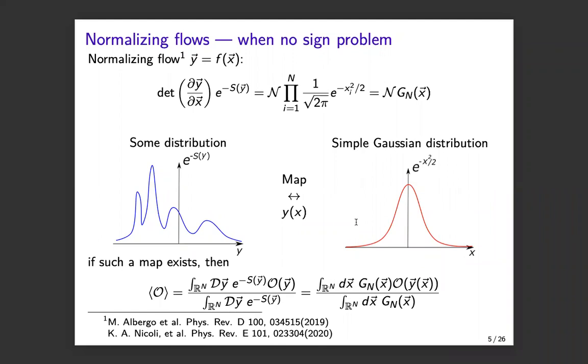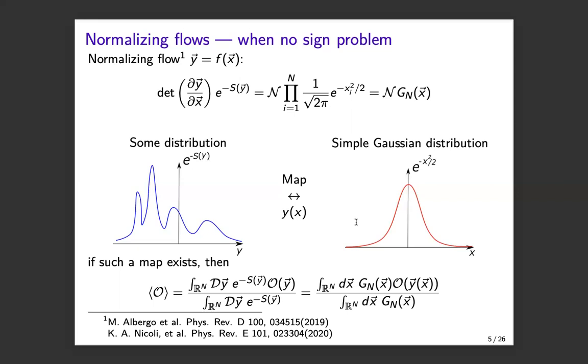A normalizing flow is a map from Y, the fields in your system, to some different variables X, such that when you apply this map to your Boltzmann factor, you get a Gaussian distribution. So you start from some non-trivial distribution e^{-S(Y)}, you apply this map, and you get this Gaussian distribution.